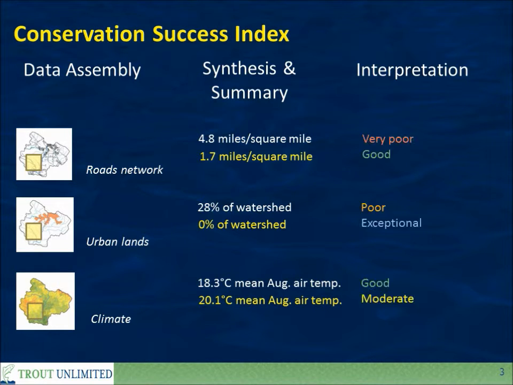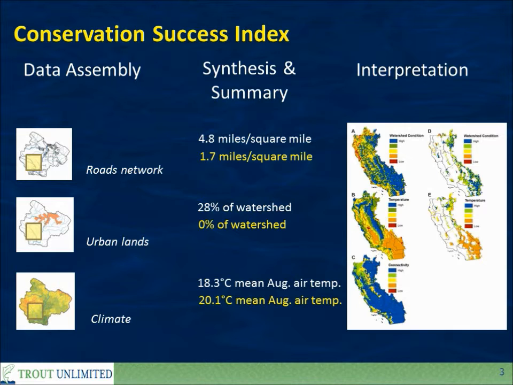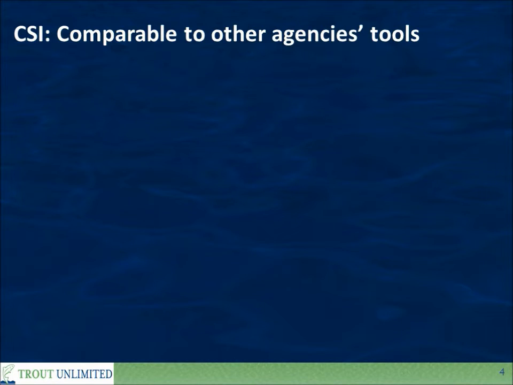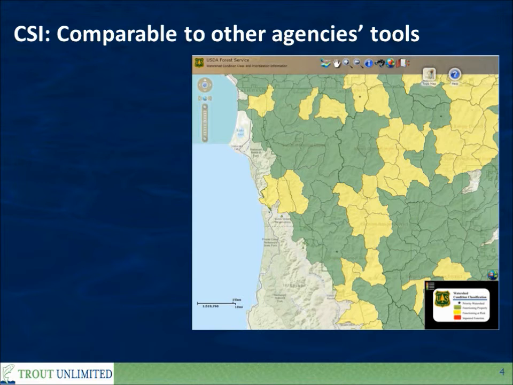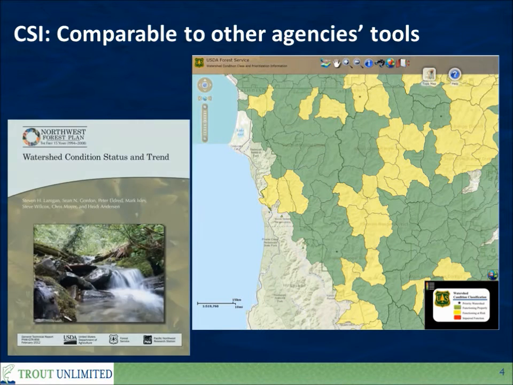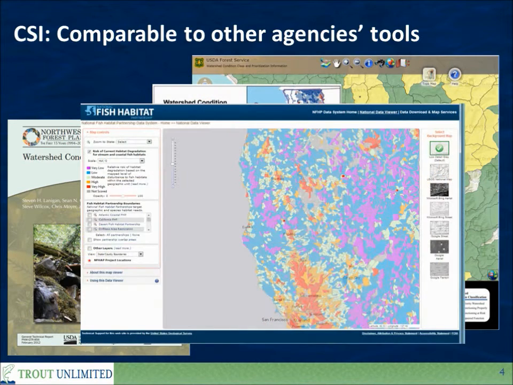The data are interpreted and mapped across the California BLM field offices. This GIS data summary and scoring approach is similar to tools used by other agencies and groups, including the Forest Service Watershed Condition Framework, the Northwest Forest Plan Condition Status and Trend, and the National Fish Habitat Action Plan approach.